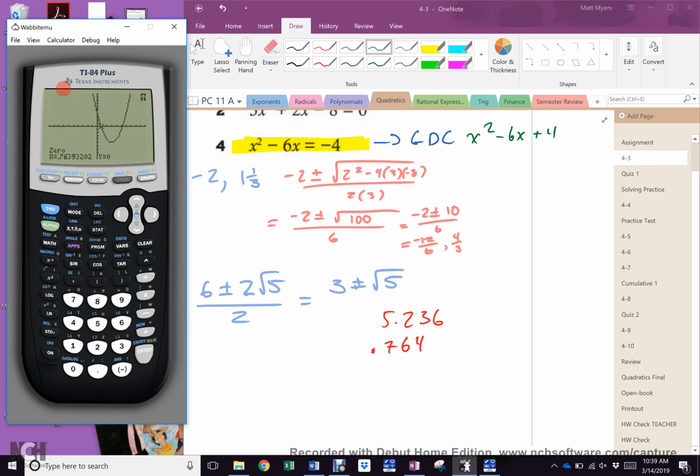Second, calc, 0, left boundary. So this time, am I to the left of this 0 already? Am I? So could I hit enter right now if I wanted to? I could. I'm going to bring it around. How will I know I've started going back up?